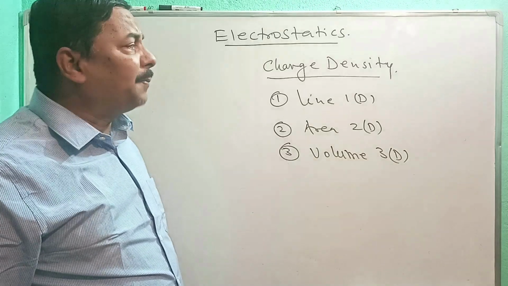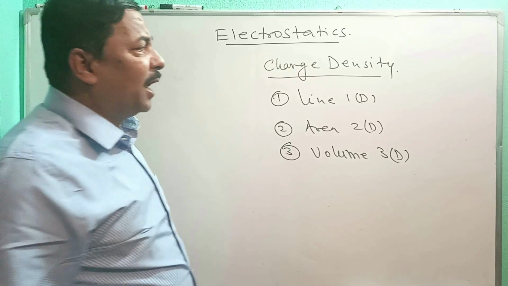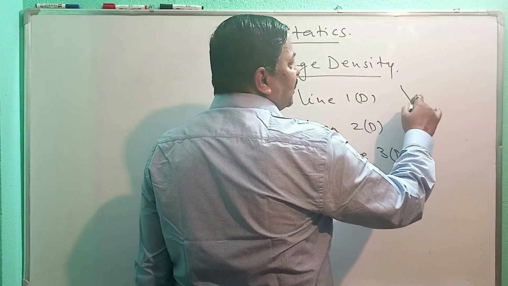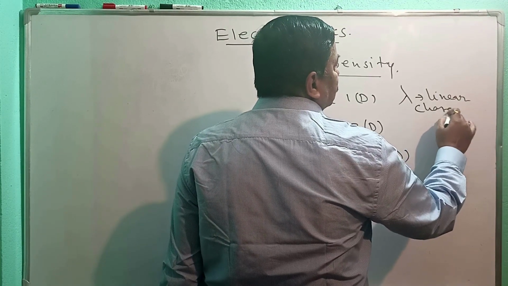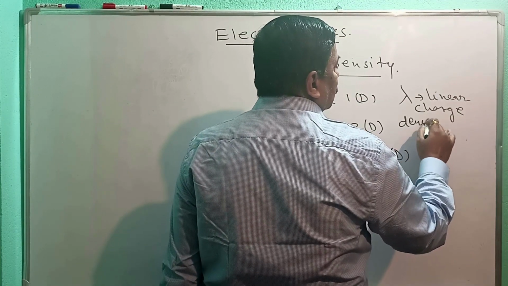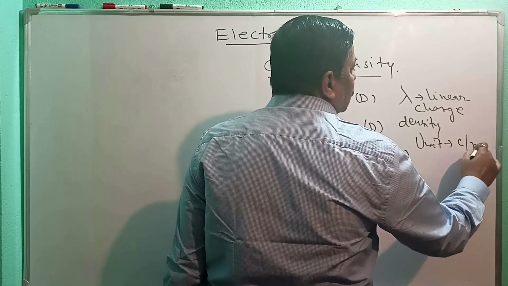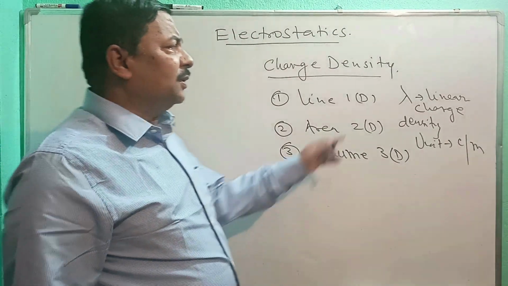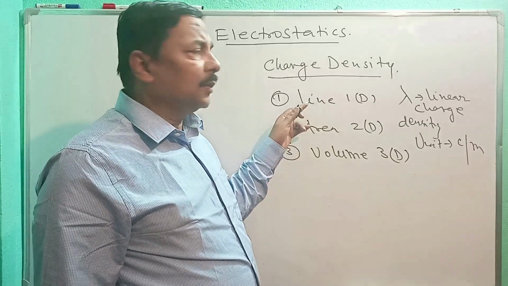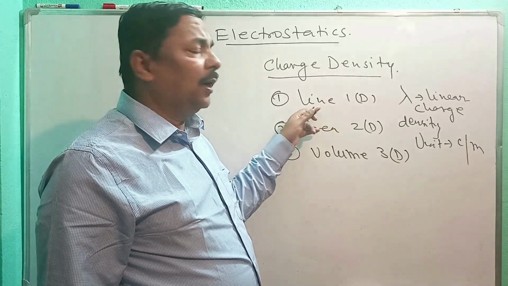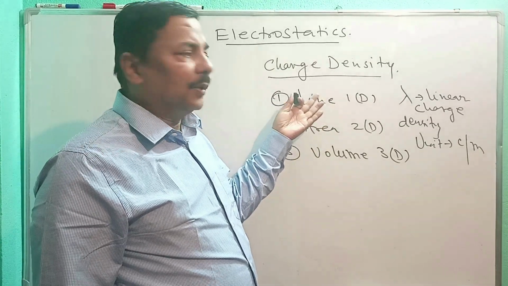If the charge is distributed on a line, then we define the linear charge density lambda. Unit is coulomb per meter. This is the symbol for lambda, when the charge is distributed over a conductor which is one dimensional in nature, which has only length.